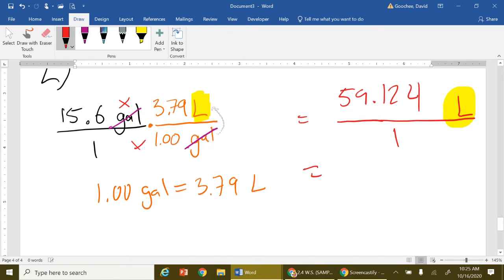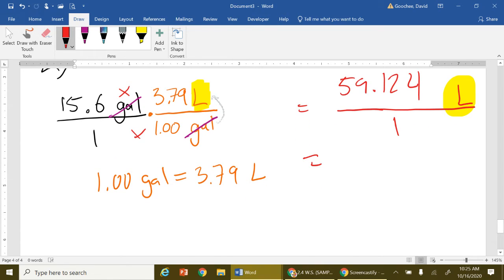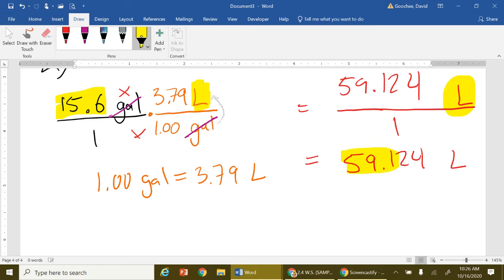That's easy to do. Divide anything by 1, it's just itself. So we have 59.124 liters. However, we went in with only 3 significant figures at the start, so we have to limit ourselves to 3 significant figures in our answer.